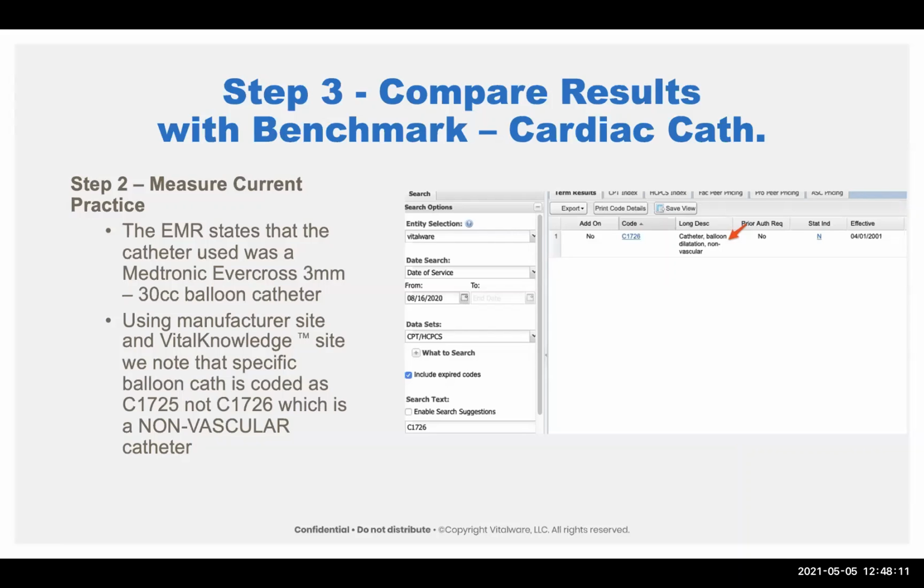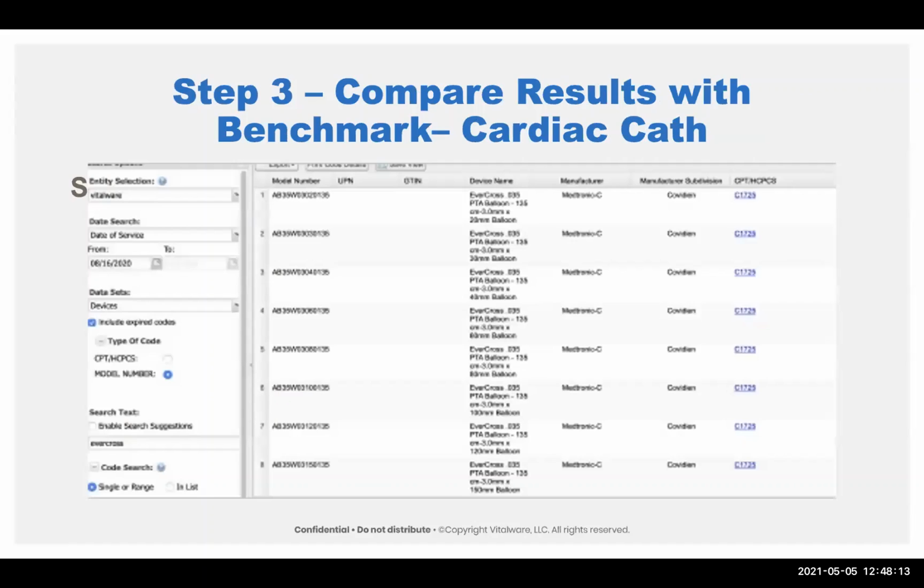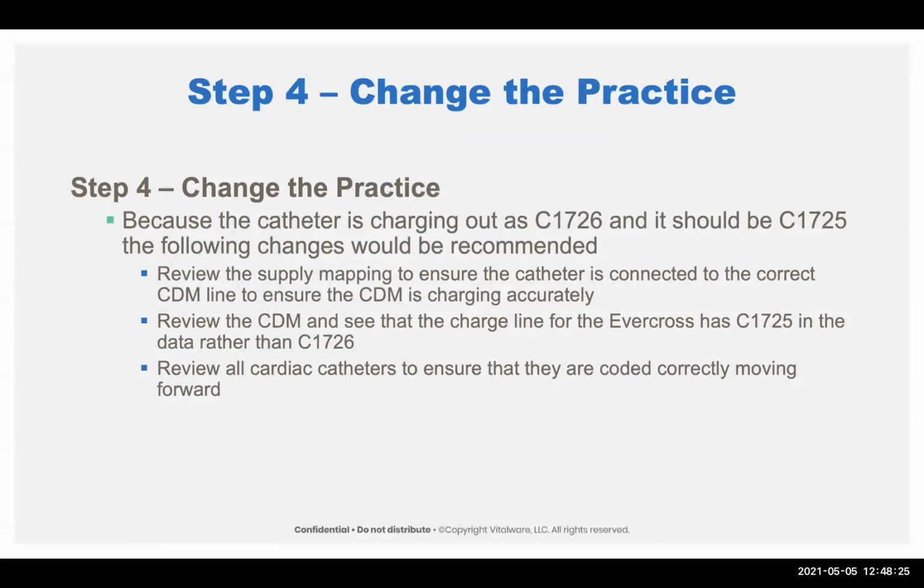So we now know the supply is wrong. When we go back in, we can see they're all listed. When we pull the model numbers up or we go to the vendor website, they're all C1725s, not C1726. And so the issue here is the procedure's coded correctly, but we are charging the wrong supply every time.